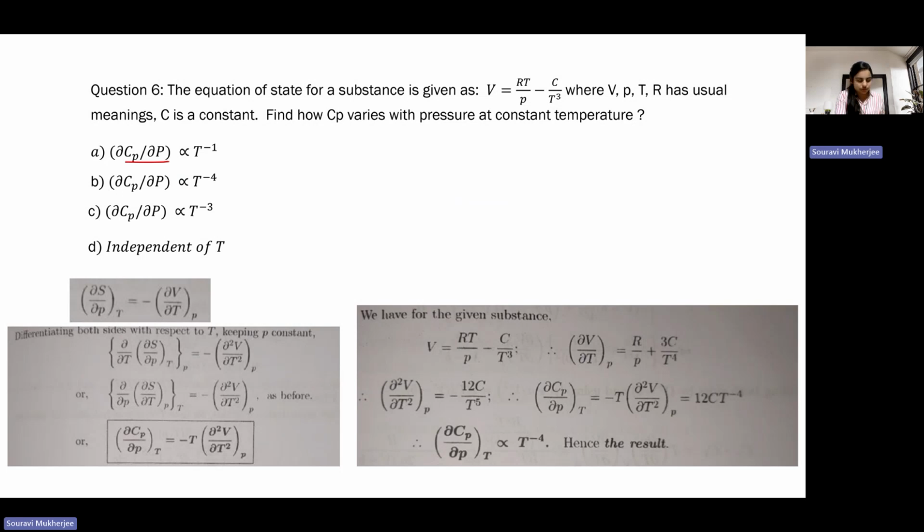Use the identities of exact differentials or cyclic relations or reciprocal theorem, okay, to rearrange the terms according to your question, and then put in whatever information is already provided in the question. That's the basic rule. Okay.